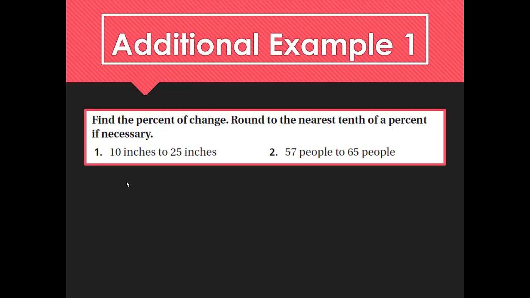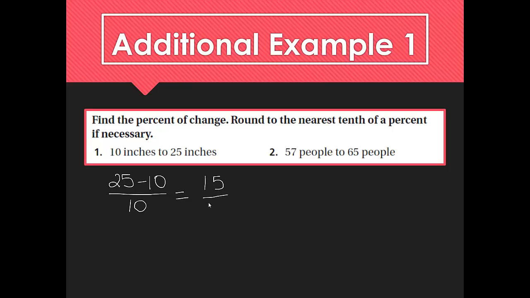So percent of increase would be our new amount, which is 25, minus our original amount, which is 10, and that would then be divided by the original amount, which is 10. 25 minus 10 is 15.